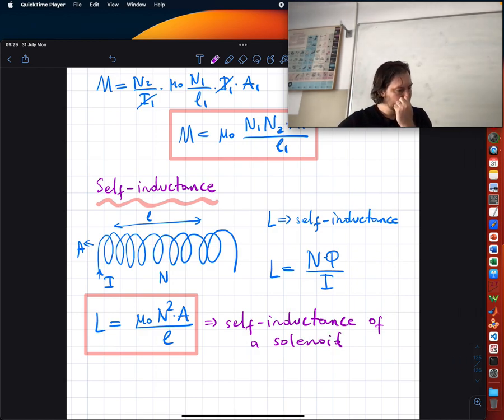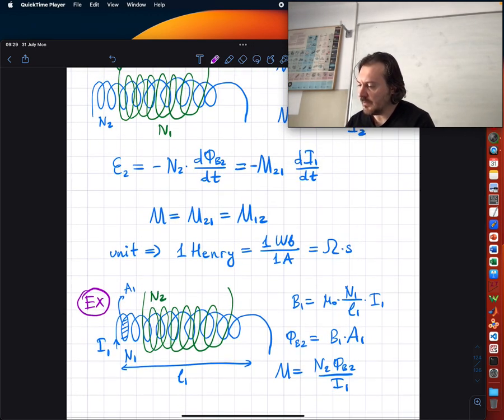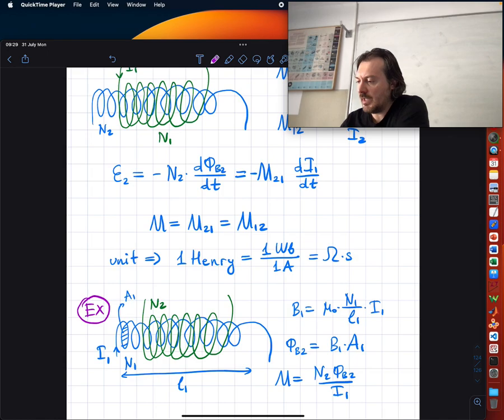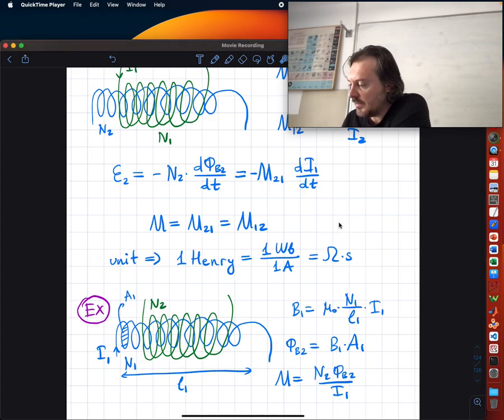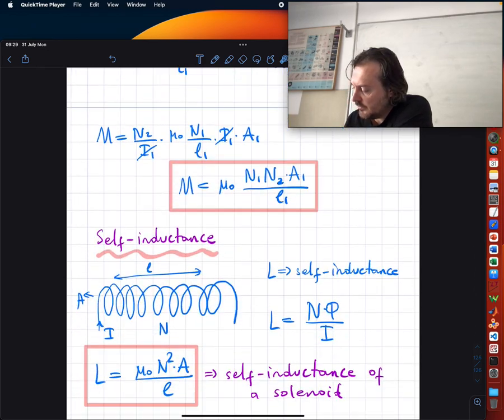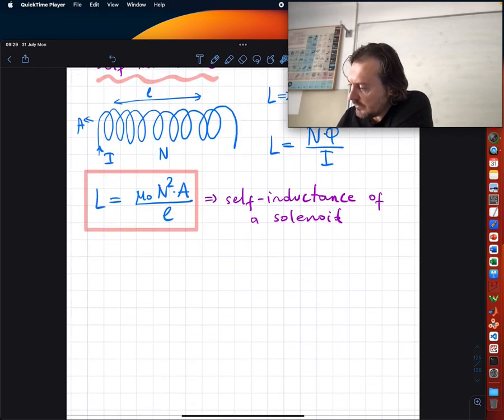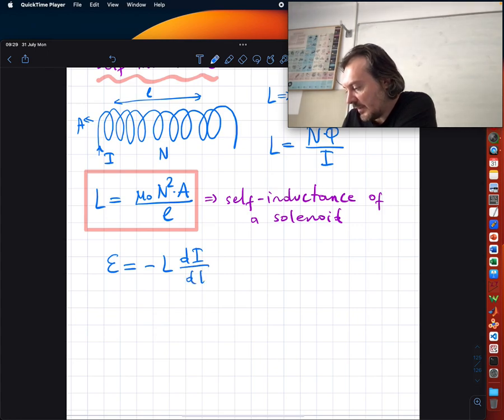Okay? And also, what we have learned here is still true. What we have learned is that E2 was negative M21 di1 over dt. Now drop all the indices and make this M, L. Then you can simply write the EMF change in a solenoid, in an inductor that is interacting with itself, is this one.